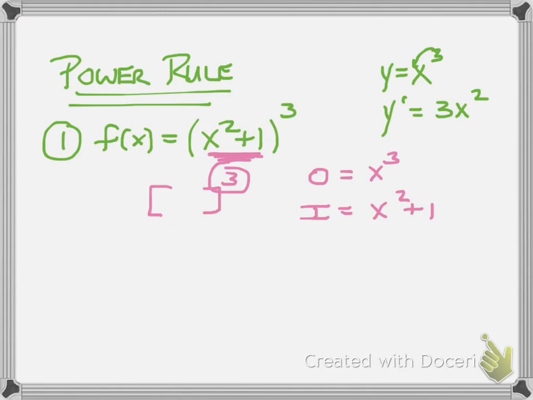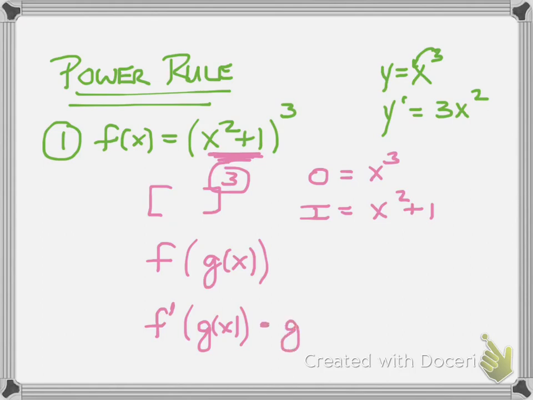So the chain rule looks like this, right? We have a function with another function inside of it. That's how we start. The way we derive that is we take the derivative of the outside, so f prime, leaving the inside alone, and then we multiply that times the derivative of just the inside.